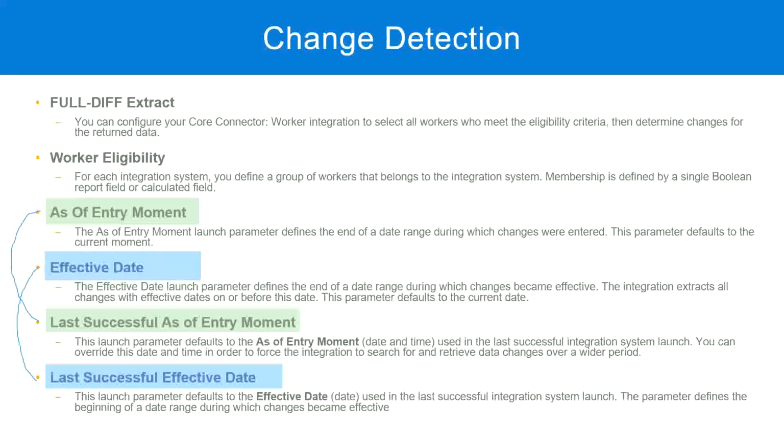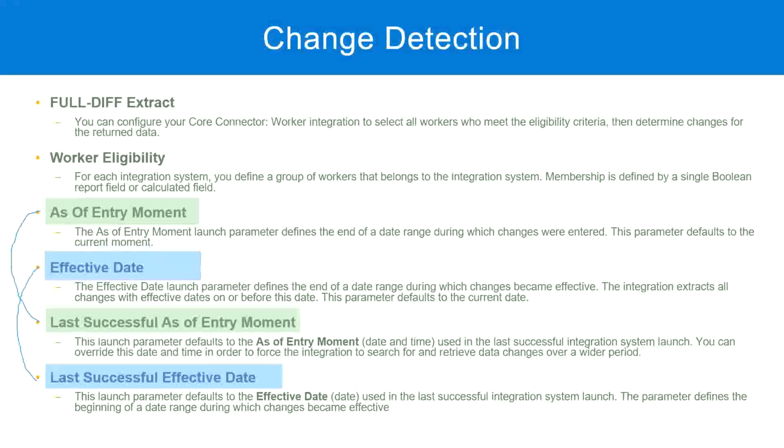For example, you are hiring a worker today. You are doing it in the system now. You are running the process, etc. But the effective date of hire is 1st of May, 2022. You are hiring a worker now. The effective date of hire for that worker is a future dated hire.